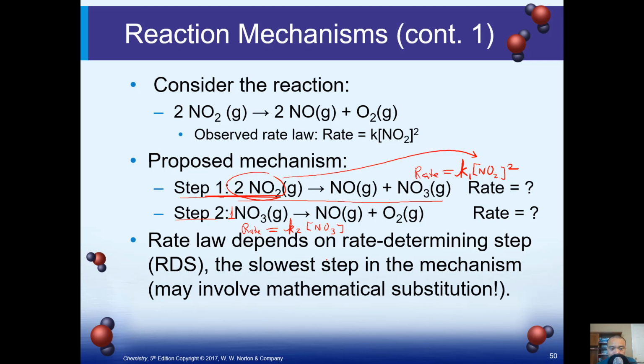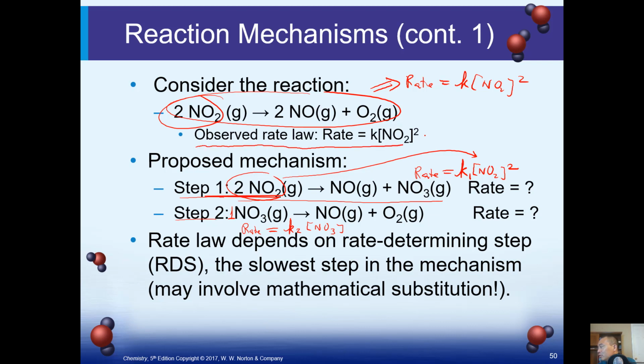However, please note, we cannot do this for the overall balanced reaction because we do not know exactly what is happening at the molecular level. For example, based on the overall reaction, you cannot simply say the rate equals k times [NO2] squared, although the observed rate law happens to be the same.